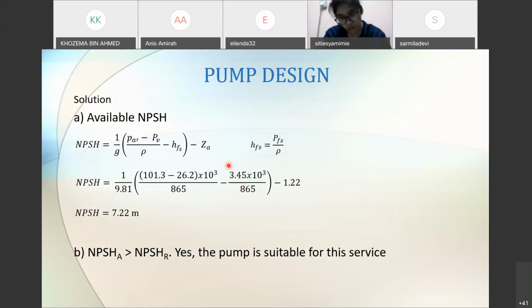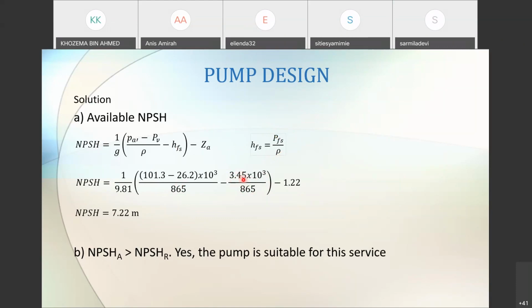HF is given as 3.45, and we are dividing this by density, because HF was given to us in terms of pressure, so we divide it by density so that all the units are the same.